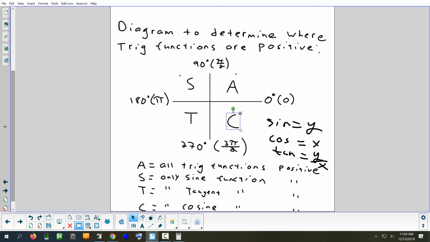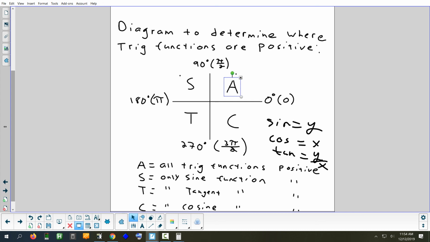Now, tangent is y divided by x. There's two ways you can get a positive when you divide. What's one way you can divide and get a positive number? Positive divided by a positive. Where are x and y both positive? That's why tangent is positive in quadrant 1. Or what else can you divide and get a positive?